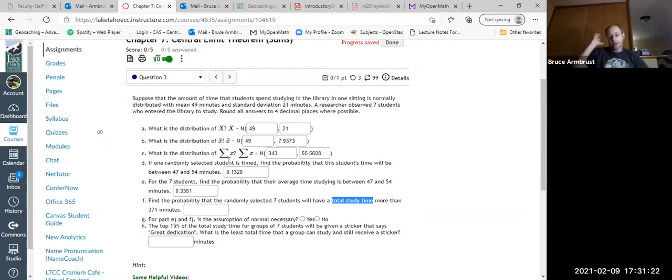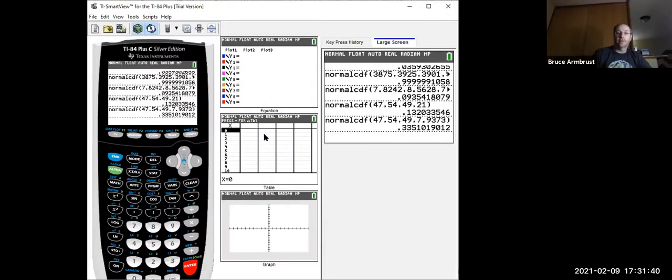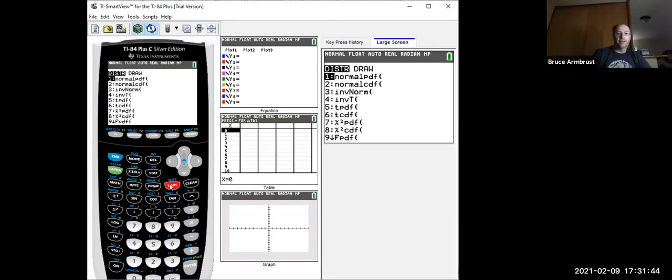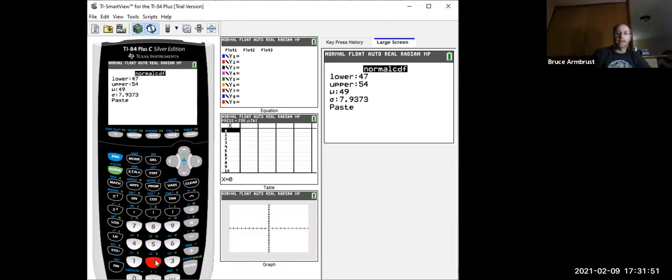All right, well, let's go use our calculator for that. Real quick before we jump over, let's just check what we're looking for. Probability that the total study time is more than 371. That's still going to be a normal CDF, because we are normally distributed, or at least we're assuming so. And we want a group of numbers, so normal CDF.